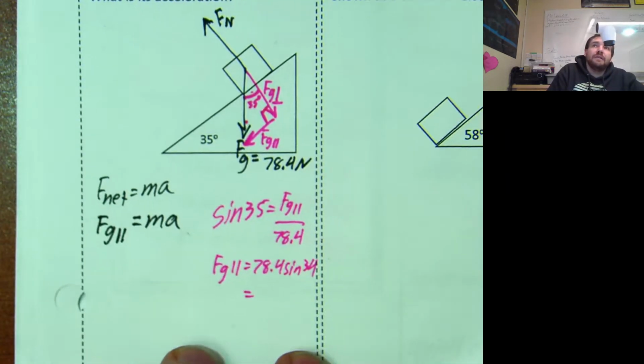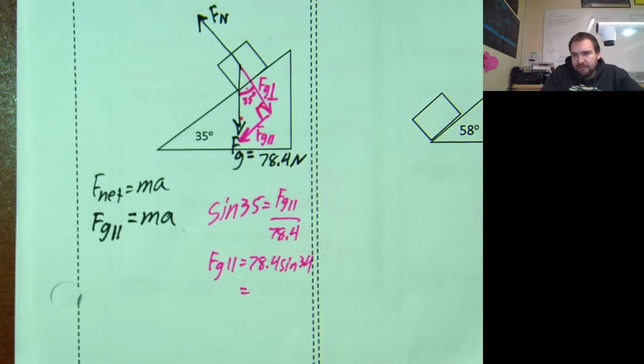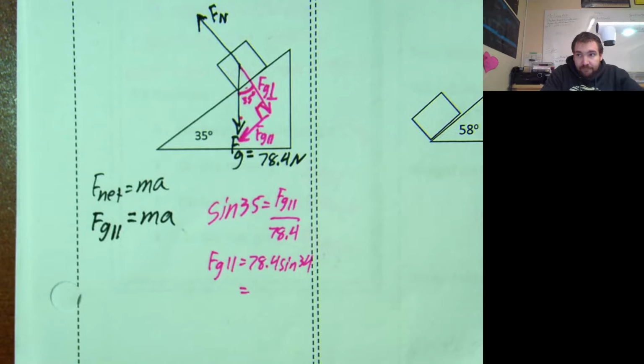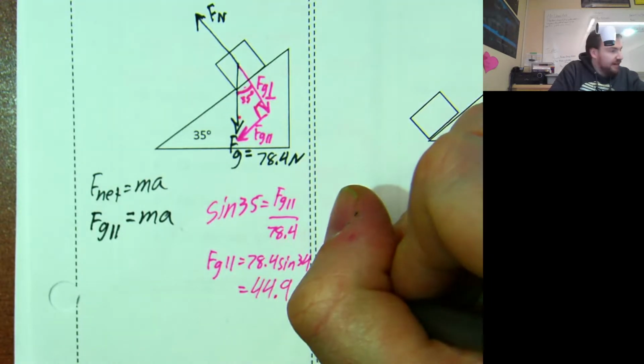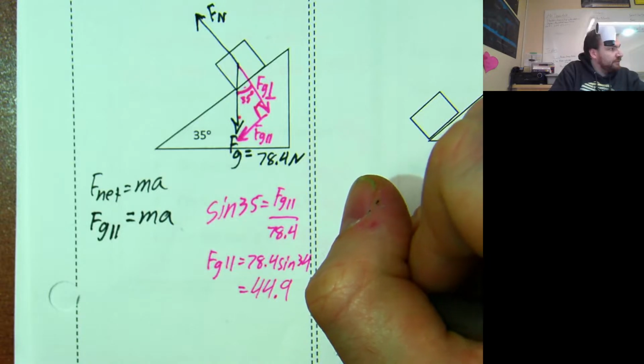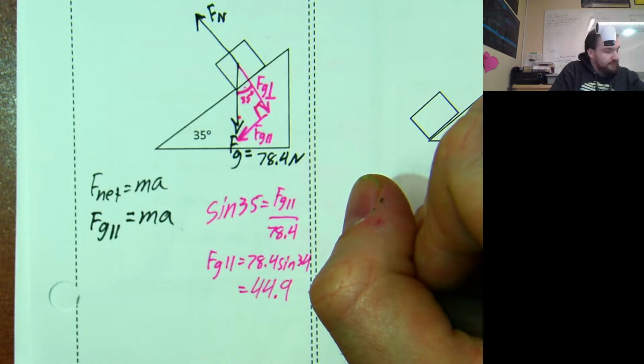So what is that component of gravity? Sorry? Does it cut off at 9.6 or does it round to something? 9.7, okay.